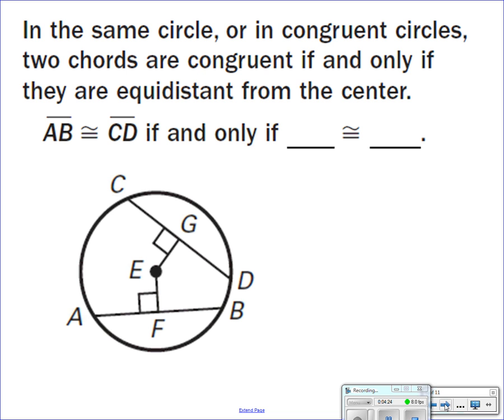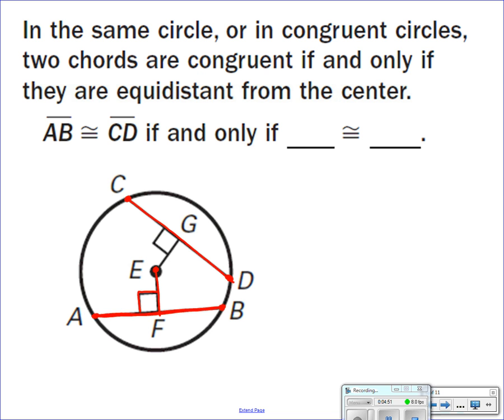So in the same circle or in congruent circles, two chords are congruent if and only if they are equidistant from the center. So what that means in terms of some equations, AB, that chord is congruent to CD if and only if it is equidistant. Remember, distance from a point to a line is a perpendicular.